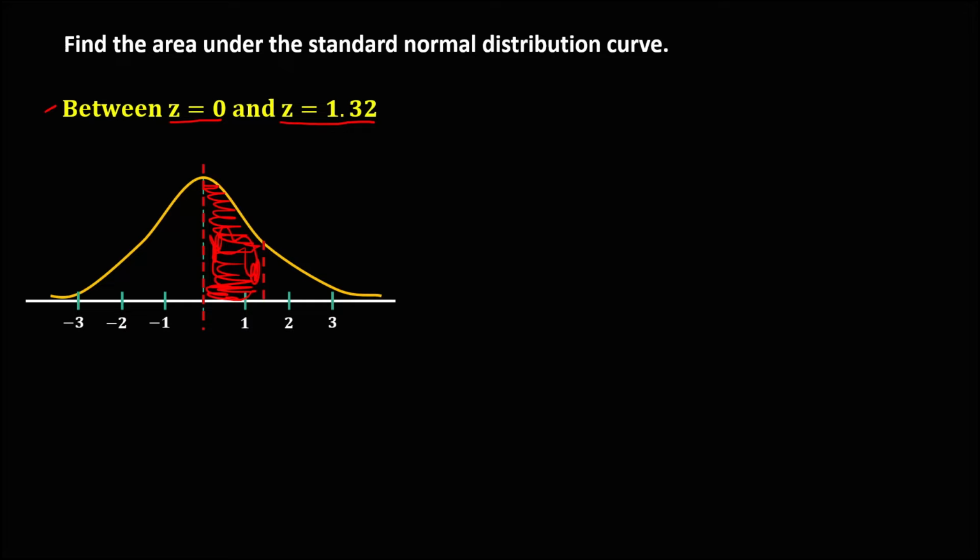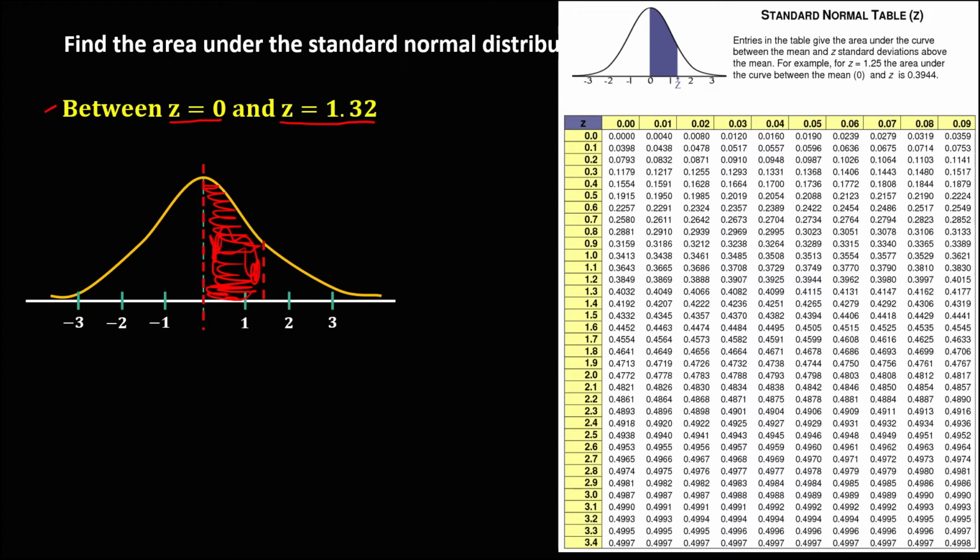To find this area using this table, take note that this table gives the area between the mean and the z standard deviation, and the mean is the center of the curve. So to find this area, just look for the area for 1.32. We have this z, 1.3, then 0.02, so that's 1.32.